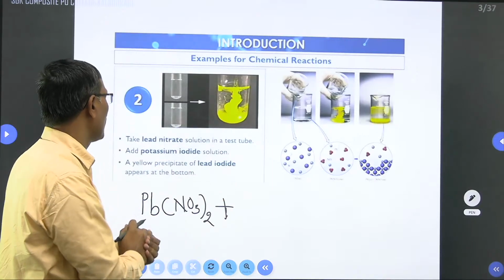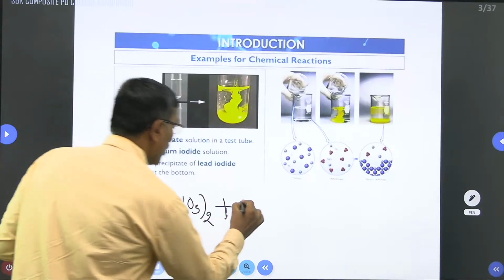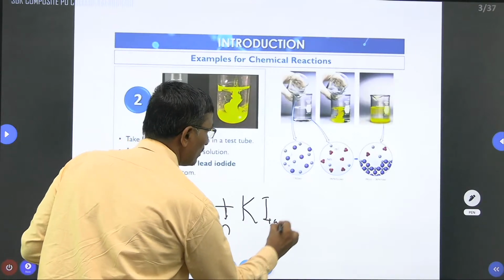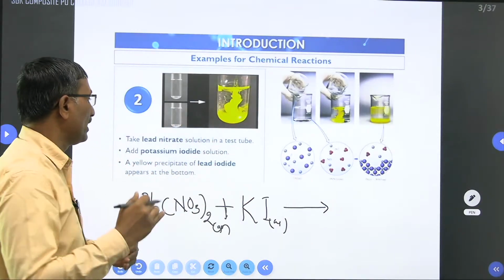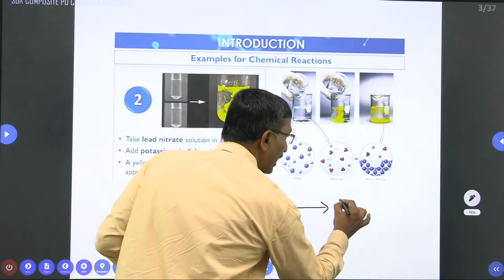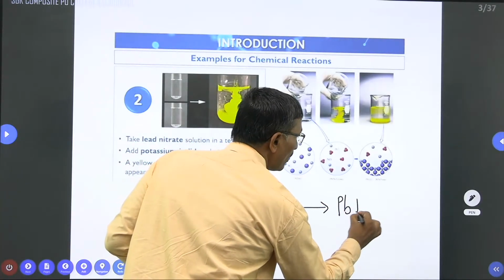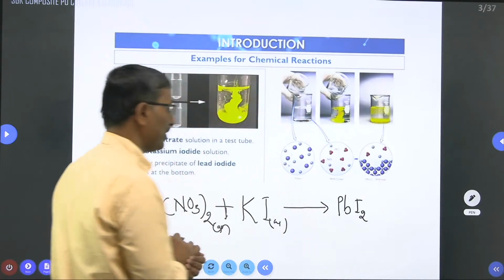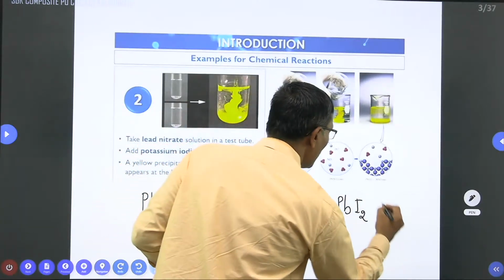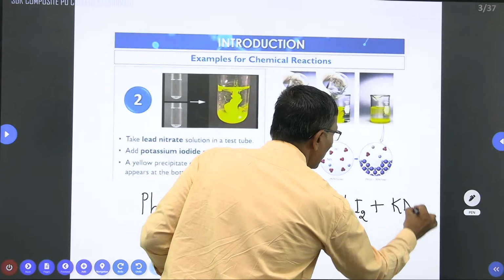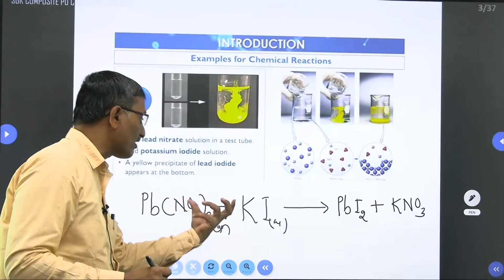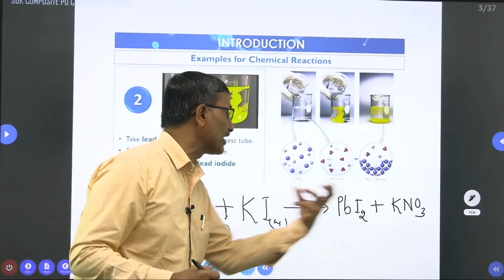To that, if you add potassium iodide, there is a formation of lead iodide, PbI2. Along with that, what you will get? Potassium nitrate, KNO3. Here I wrote which are the reactants and which are the products.